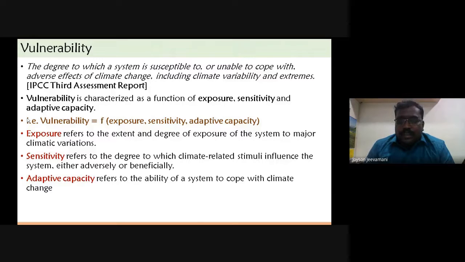So these three things determine the vulnerability of a system. This is not specific to the coast only. In general, vulnerability has these three components. So when we talk about coastal vulnerability, we talk about coastal exposure, coastal sensitivity, and coastal adaptive capacity. This is how the vulnerability assessments are going on.